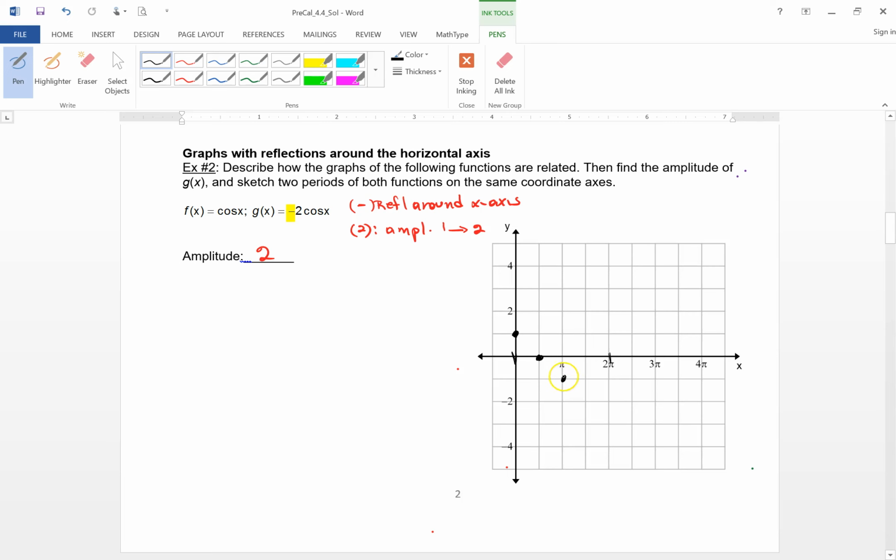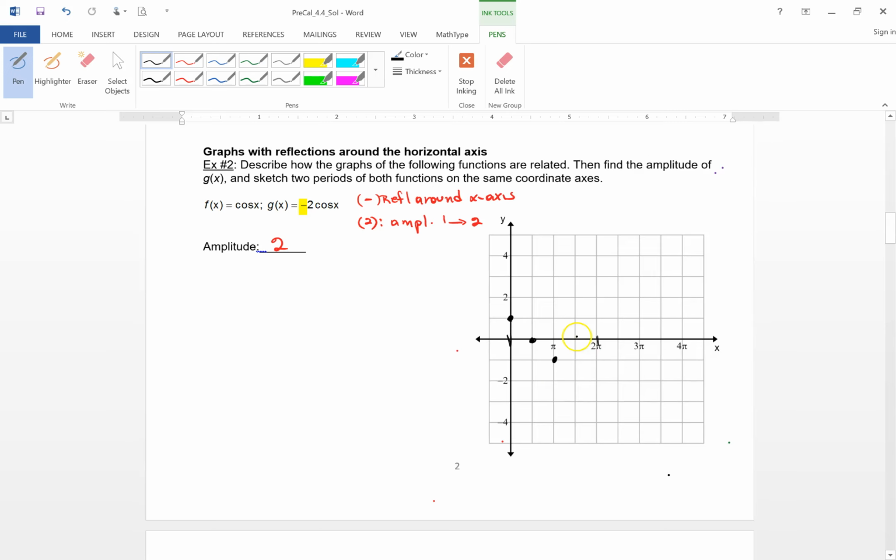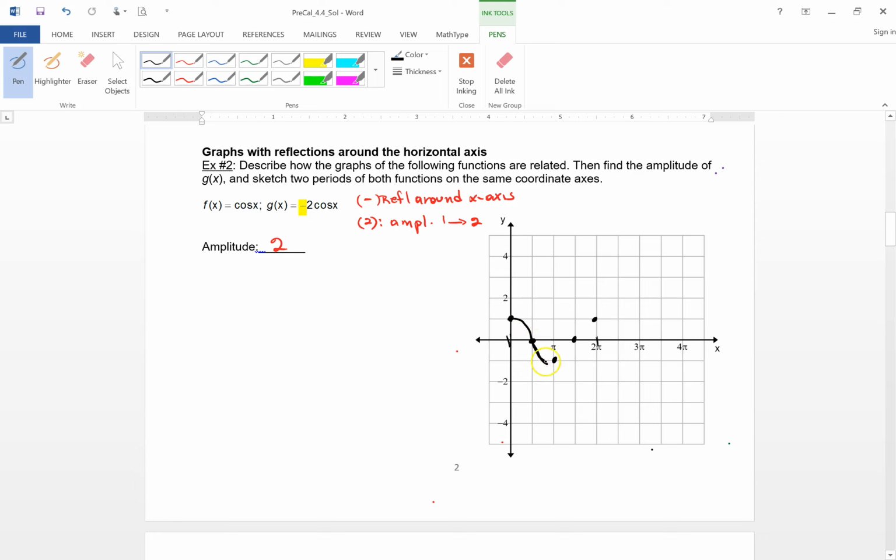Then you go to -1 because you haven't hit that yet. Then back to 0 and back to 1. So that is one period of the cosine. And if you wanted to do another period, then you go to 0, -1, 0, 1. That's what it looks like.